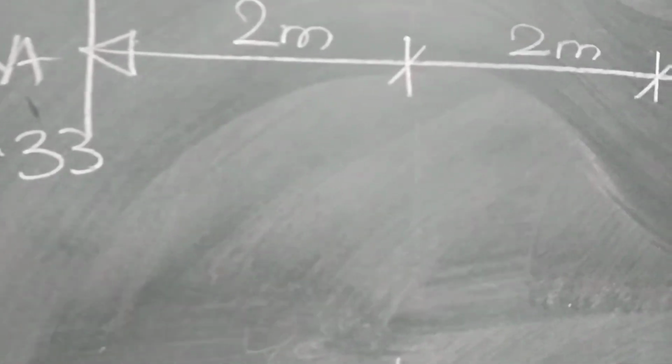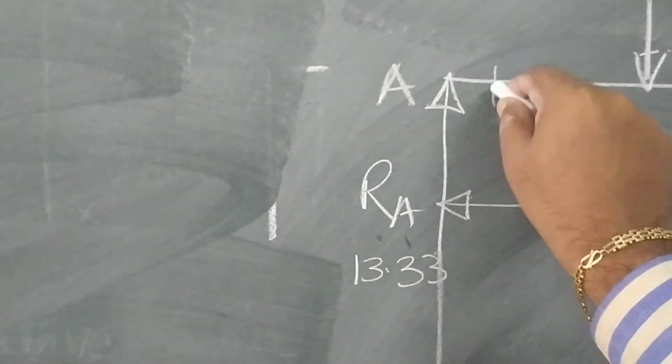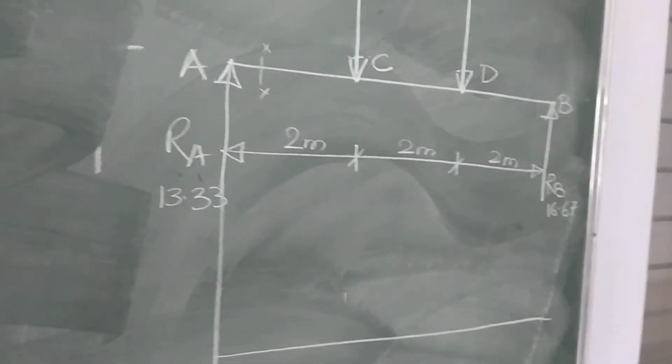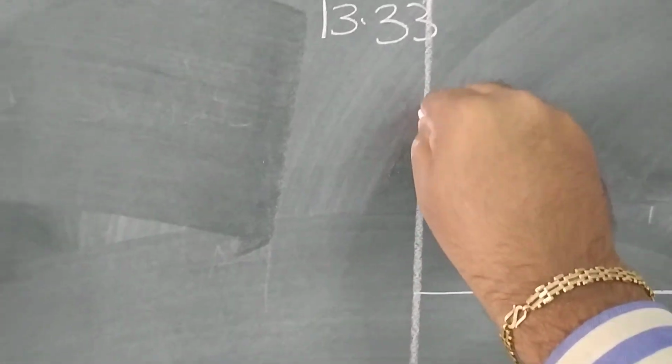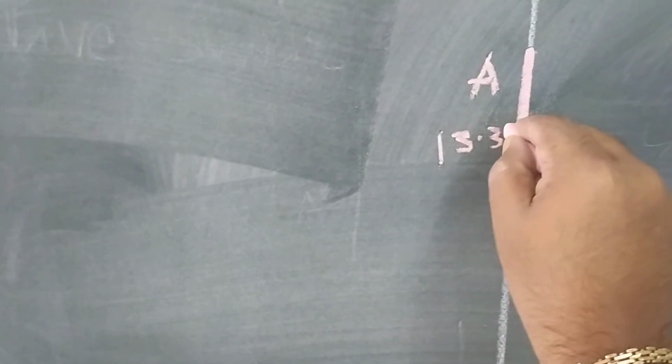Draw one straight line. Okay, we are marking points here. So this is, let me take another color chalk. 13.33 at point A. 13.33.